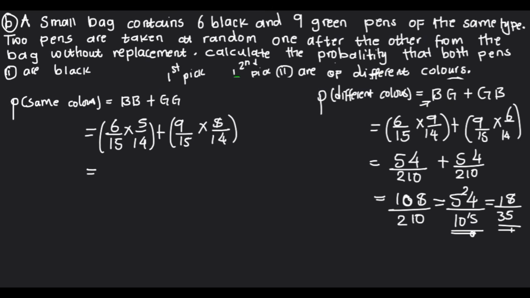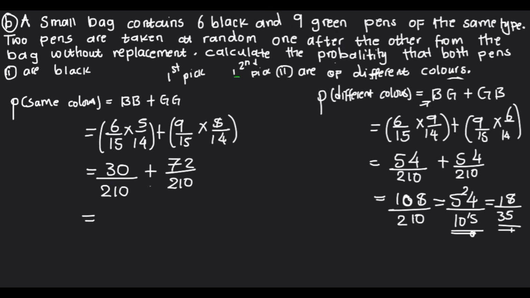So 6 times 5 is 30 over 15 times 14, it's 210, plus 9 times 8 is 72 over 210.